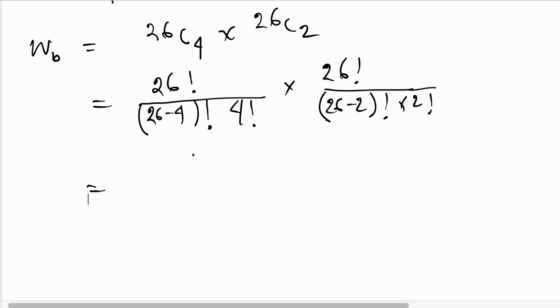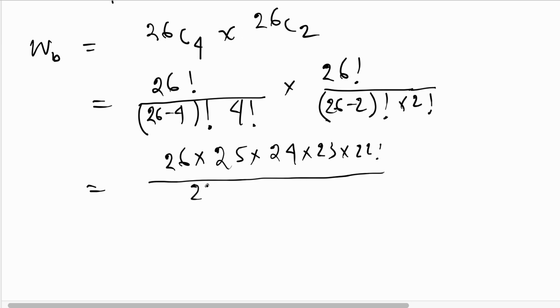So it will be 26 into 25 into 24 into 23 into 22 factorial by 22 factorial into 4 factorial.